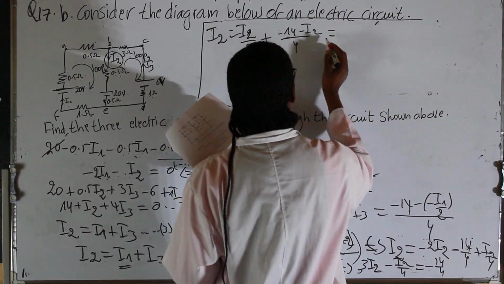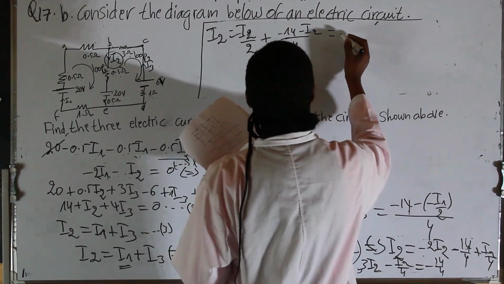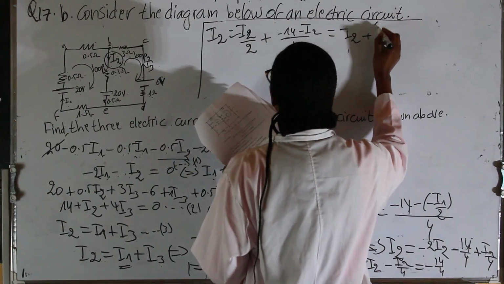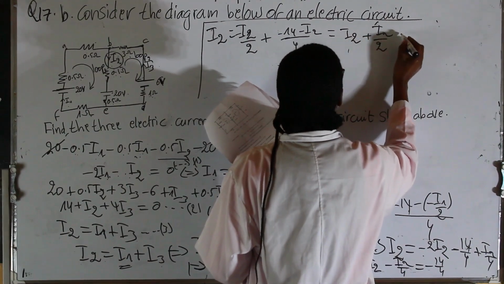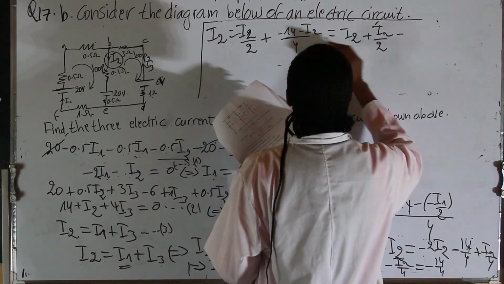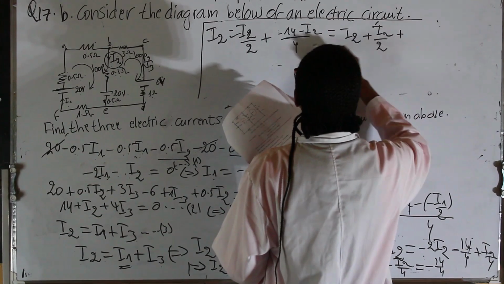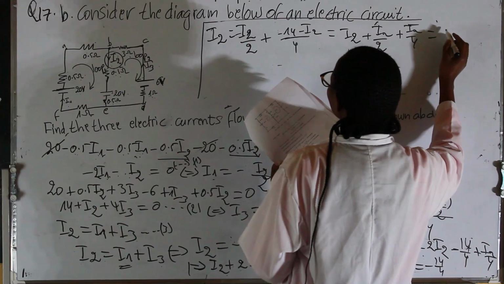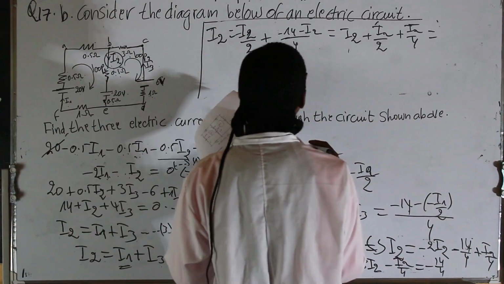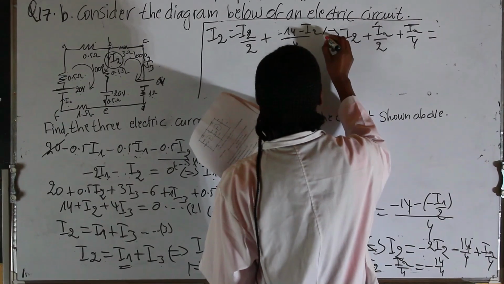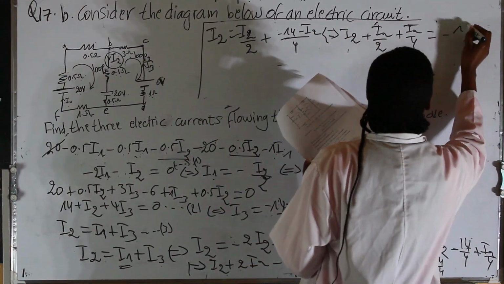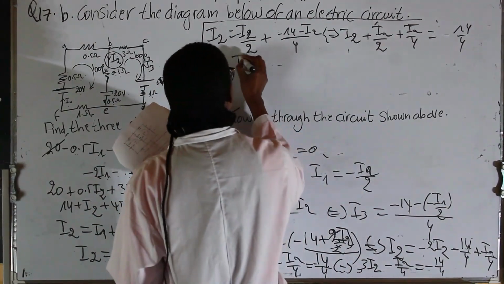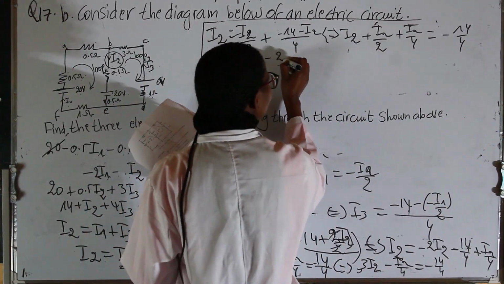Then by calculation, we should have I2 plus I2 over 2, plus I2 over 4, which is equal to minus 14 over 4. Then by calculation, this I2 should be equal to minus 2 ampere.